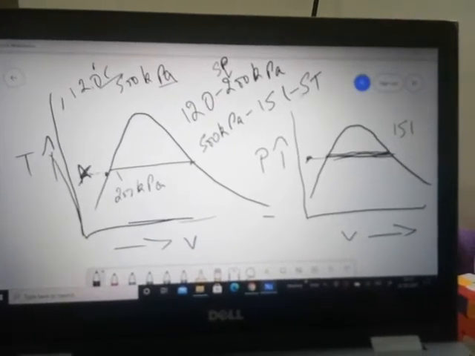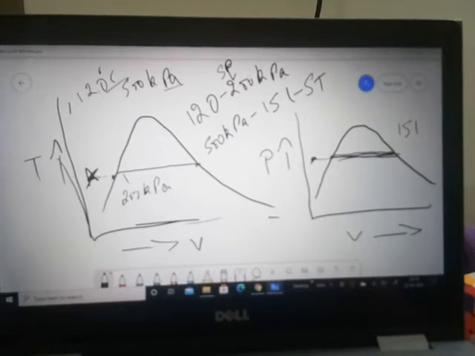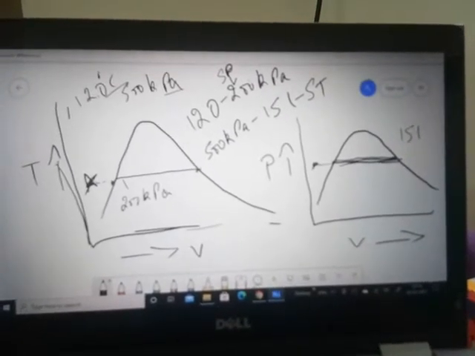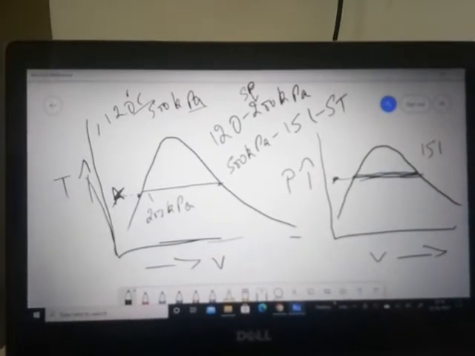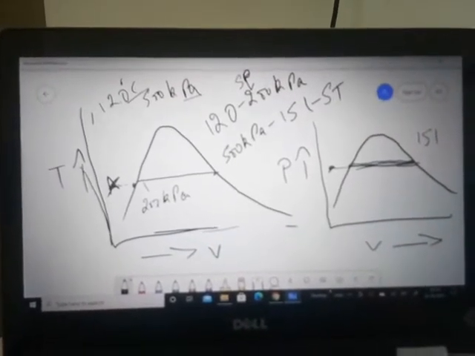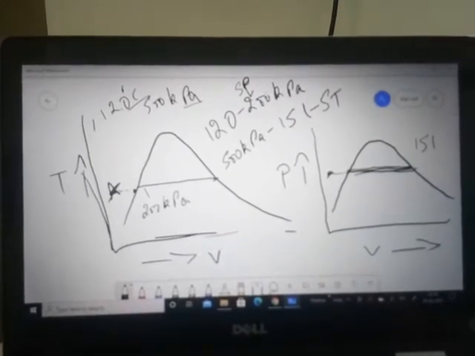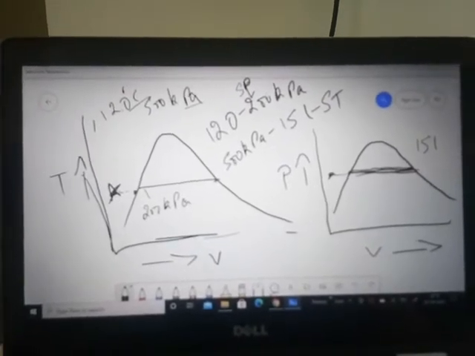So obviously you are a liquid. And your pressure is higher than the saturation pressure. So obviously you are a liquid. So in both cases, with a TV diagram or with a PV diagram, you can show that the material is in a liquid state.